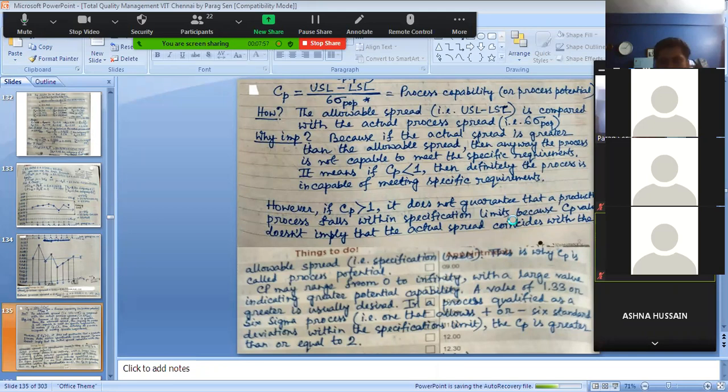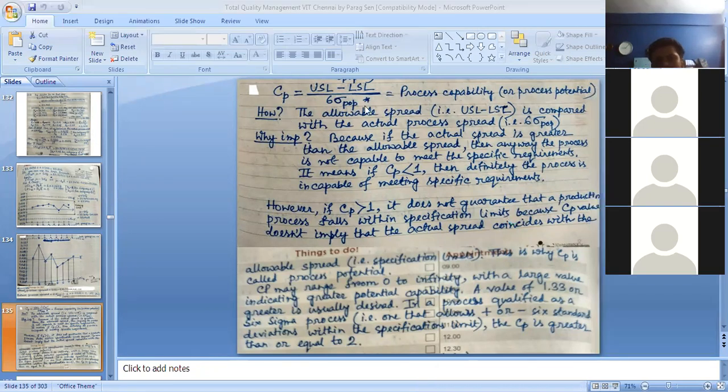Why? Because Cp does not capture the central tendency of the data. I previously explained, when I discussed Taguchi's robust design, what is actually the meaning of central tendency of the data.